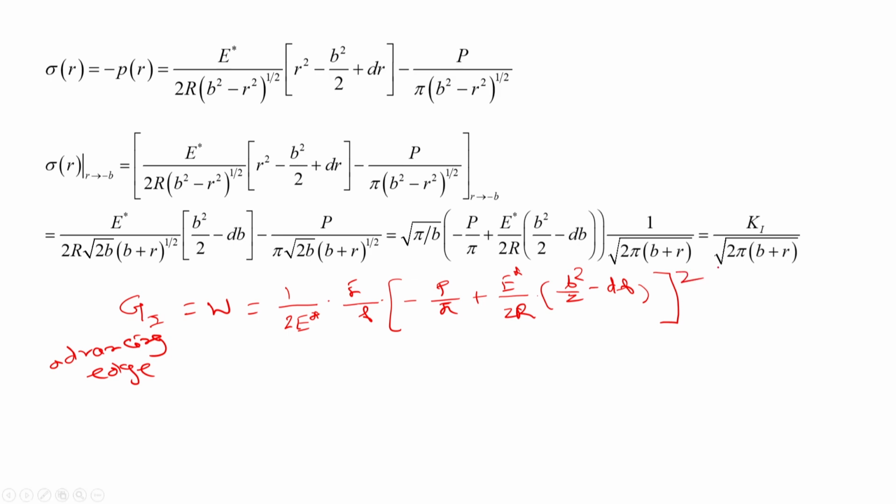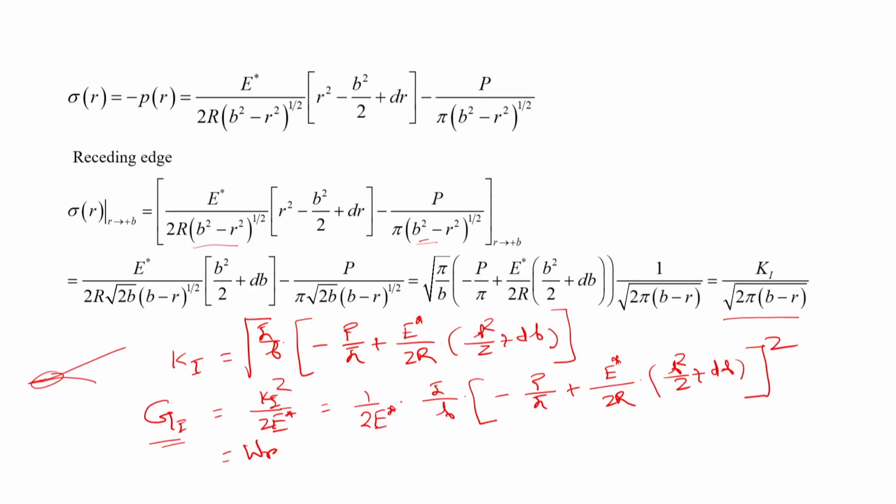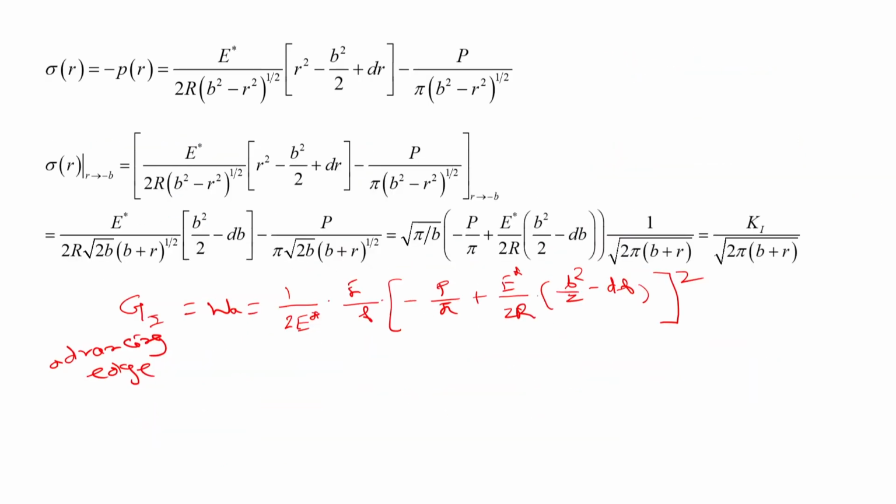So, this is the expression, and this is advancing, let me write A here, right. I wrote W r before, and here I have derived the expression for W A, that is the work of adhesion at the advancing edge.